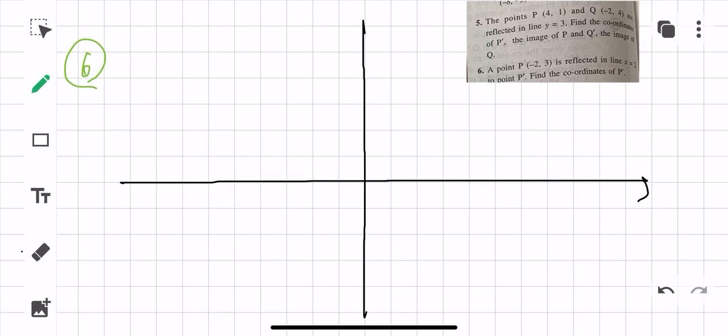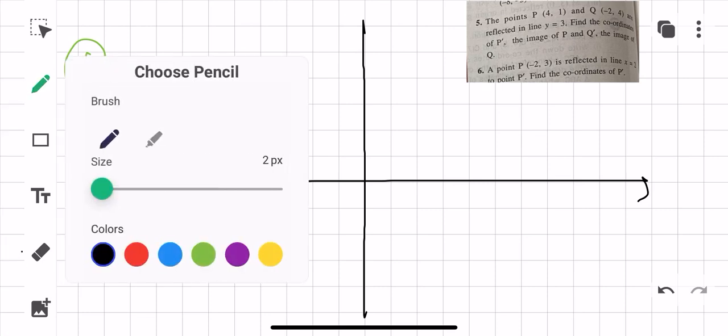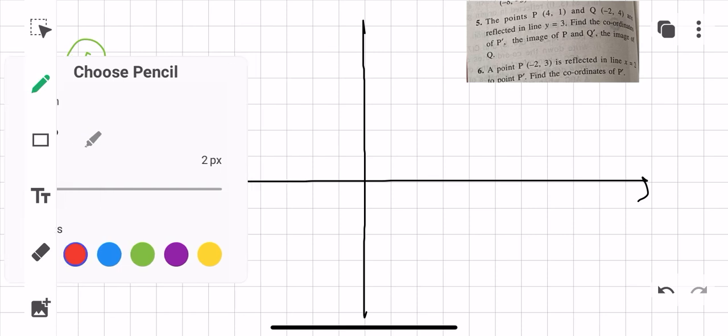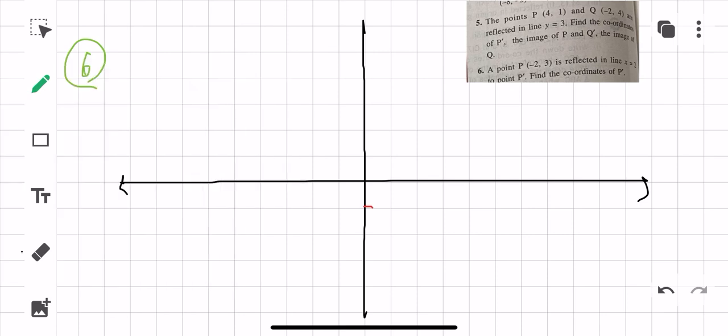This is my Cartesian plane, and before plotting, I'll just mark the points. There is only one point, so I need not do much labeling. So this is -1, -2, 1, 2, 3 and 4. This is also 1, 2, 3 and 4. Here we have again -1, -2, -3.